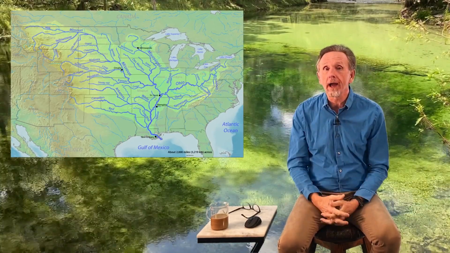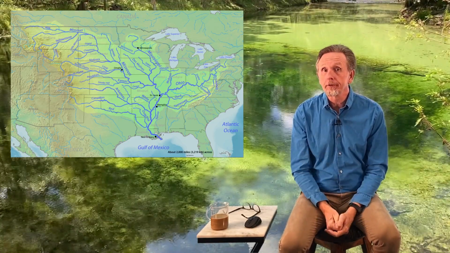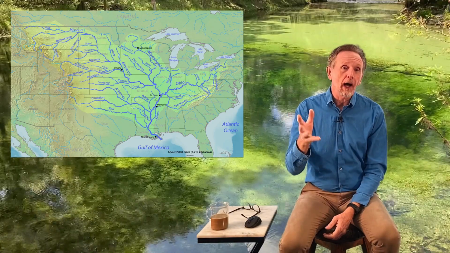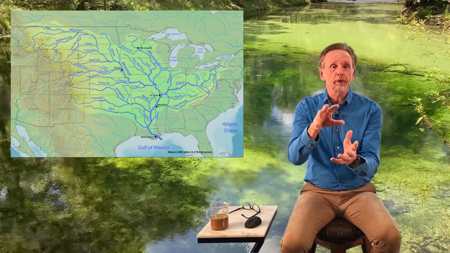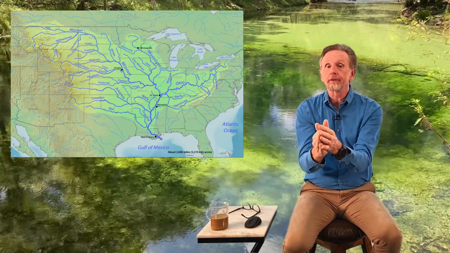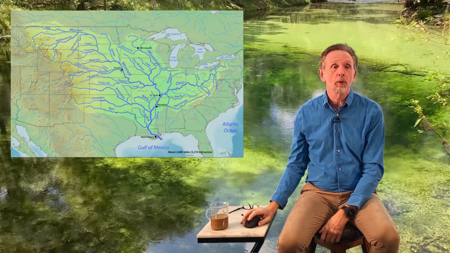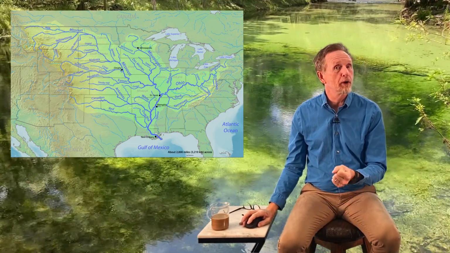And all of that water eventually drains into this Mississippi River basin. The Ohio River, the Missouri River, there's lots of different rivers that eventually make their way into the Mississippi and drain out. So this whole area is what we refer to as a river basin.